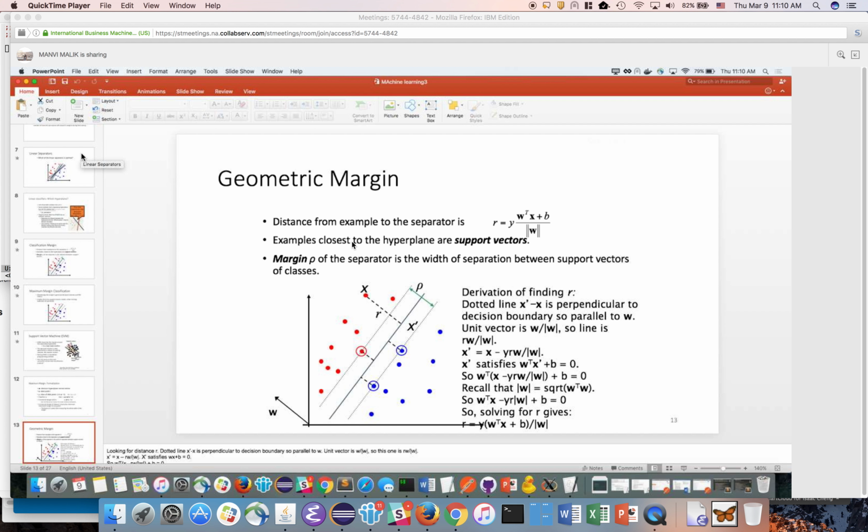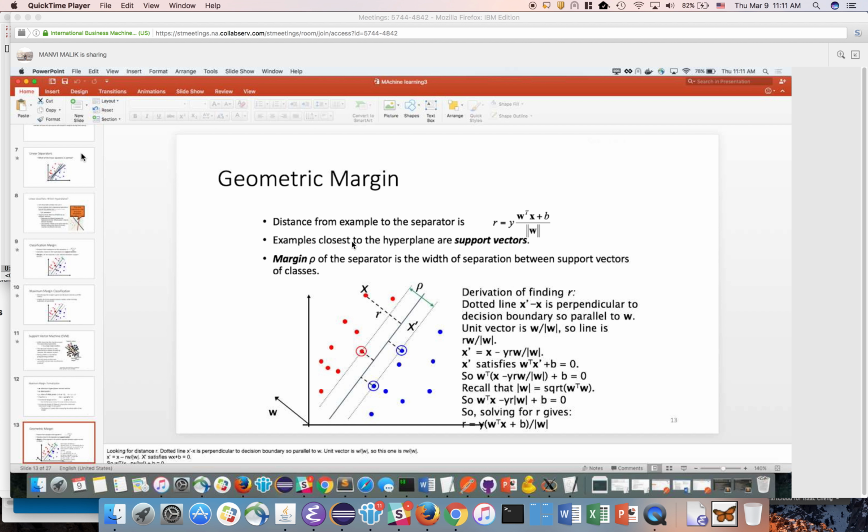Do you guys want me to go into the mathematics? So what we are doing is, for each data point, how do we find out this R? We say that it is (W^T x + b) divided by mod of W. How do we calculate that?